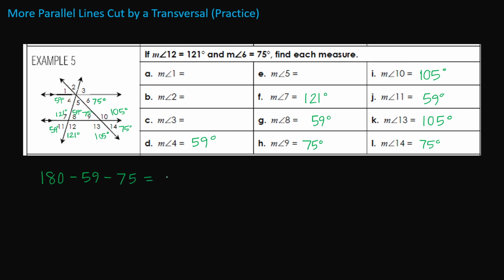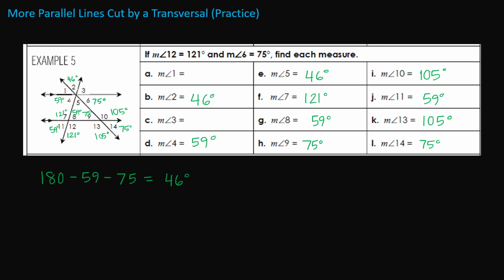And when you subtract those, angle 5 is going to be 46 degrees. Angle 5 is 46 degrees. And so if we know angle 5 is 46 degrees, it forms a vertical angle pair with angle 2. So that means that angle 2 is 46 degrees. They are congruent to each other.